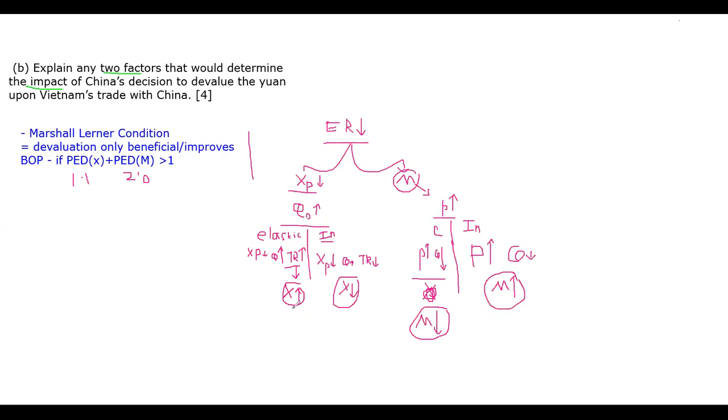So generally, elastic cases normally exist in the long run, because balance of trade is X minus M, and it makes up a significant chunk of your current account. So your balance of trade improves, and hence your current account improves. In the short run, it normally doesn't improve.